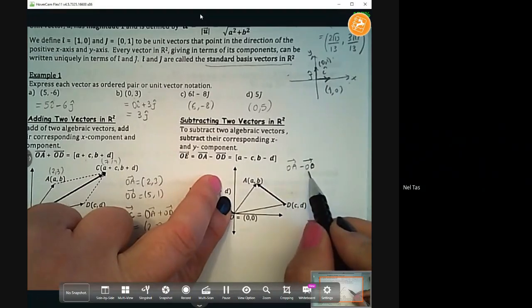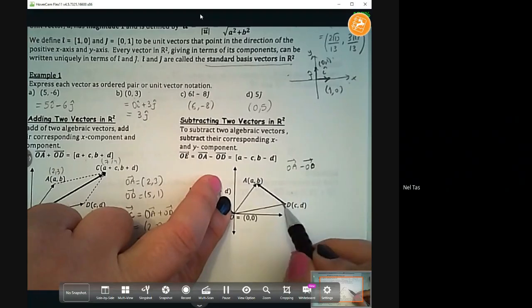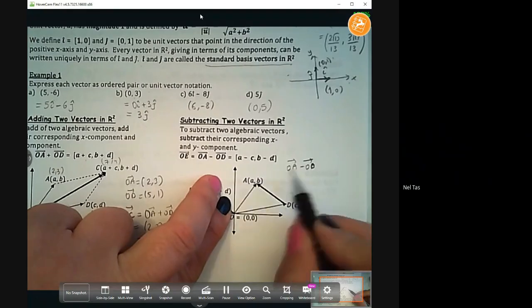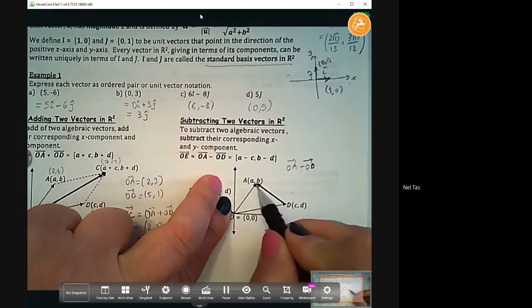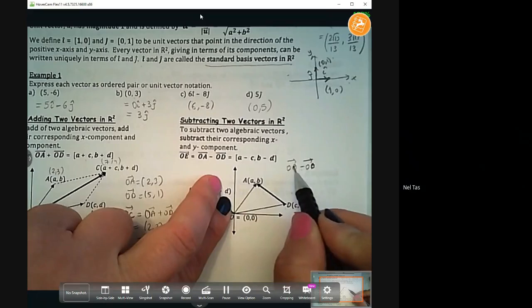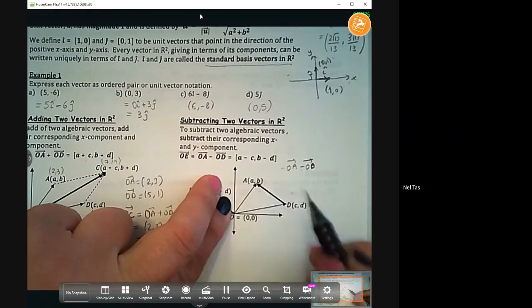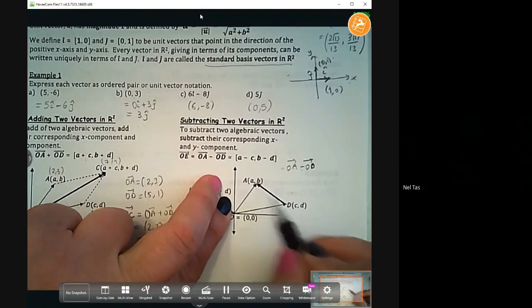You start from the head of the negative vector and go to the head of the positive vector, right? So you see a negative sign in front of OD, so you start from there and you go to the positive. OA has a positive sign in front of it, so you go there. So that is the subtraction vector here.